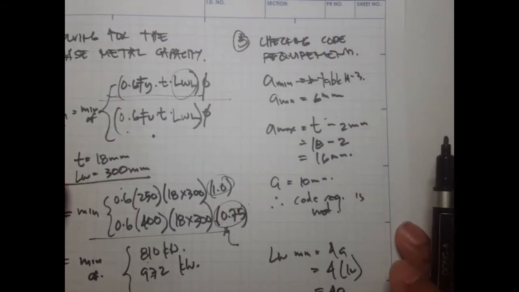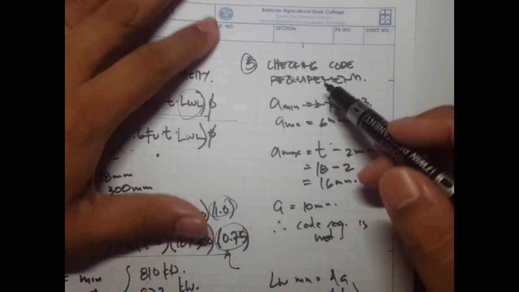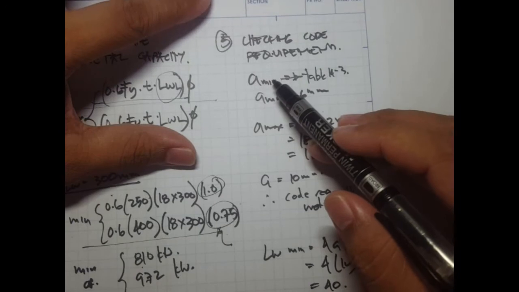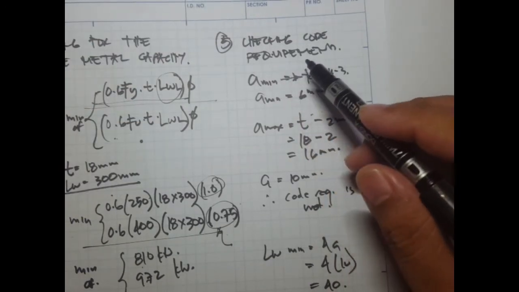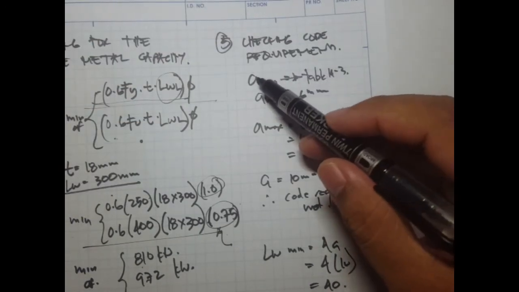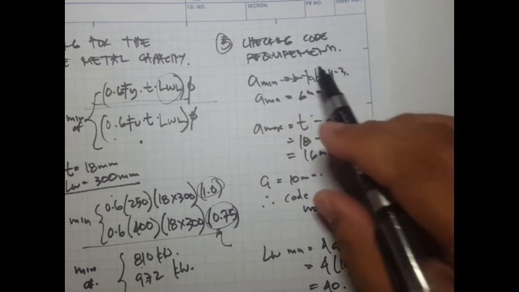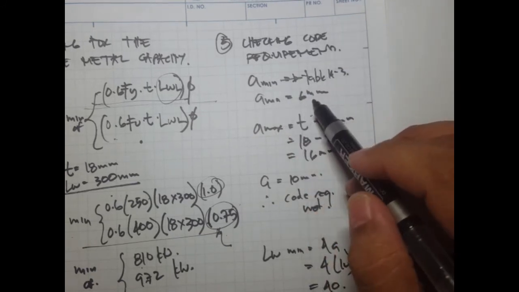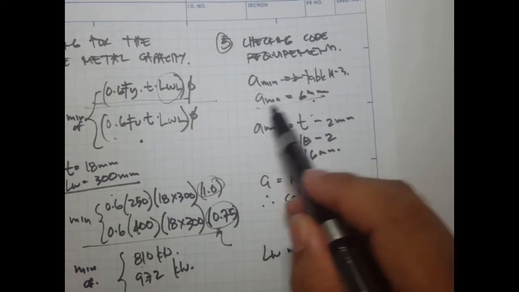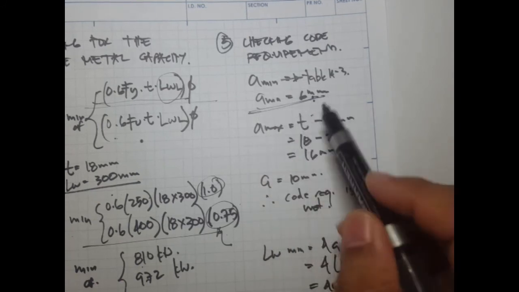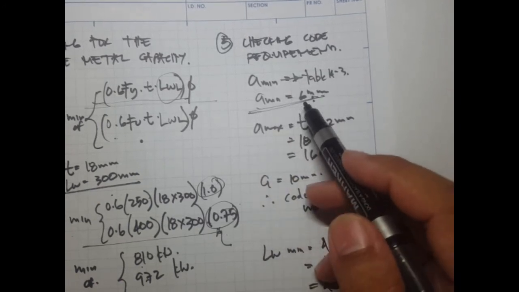So after that, we check the code requirements: the A min, the minimum weld size, that's 6 mm. That's from the table. You just check your thickness and compare that to the table.